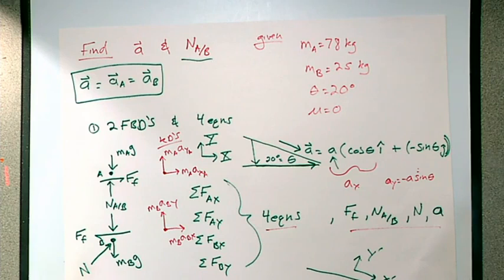So this is my FBD. This is my kinetic diagram. So I've got my combined masses times acceleration in the x prime, combined masses times acceleration in y, and I'm not going to use that.